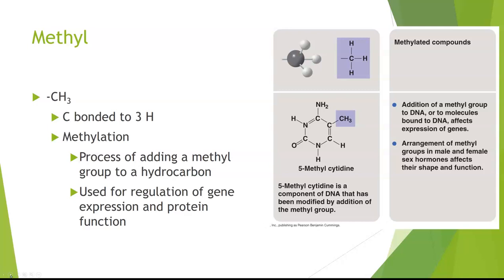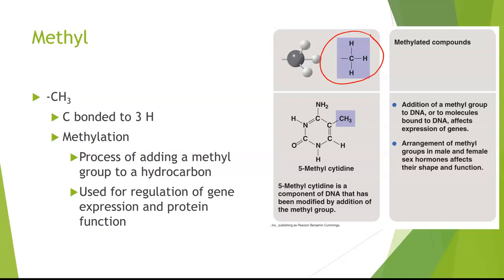A methyl group is a carbon with 3 hydrogens attached to it up here, a methyl group. And we will talk about this when we talk about DNA. DNA can be methylated, which means that it has the addition of methyl groups to it, and it actually makes the DNA unreadable for protein synthesis, and it regulates the expression of a gene, and it pretty much shuts off the production of a particular protein.